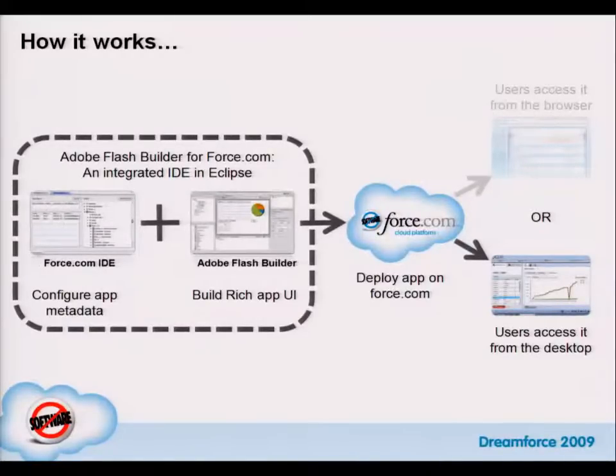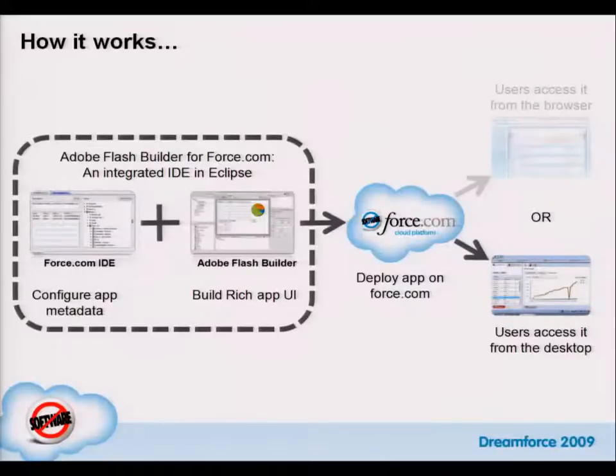So this is the tooling that you would utilize over here in the dashed box. Our Force.com IDE for configuring the back end, our data model, and our business logic up on the cloud within our Force.com applications, and then the Adobe Flash Builder for the UI.